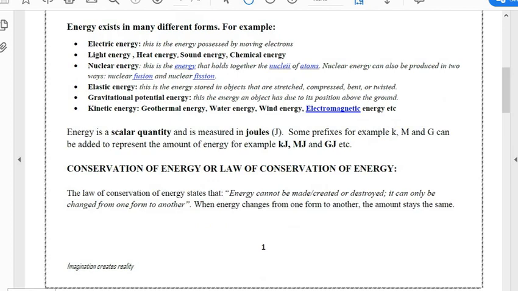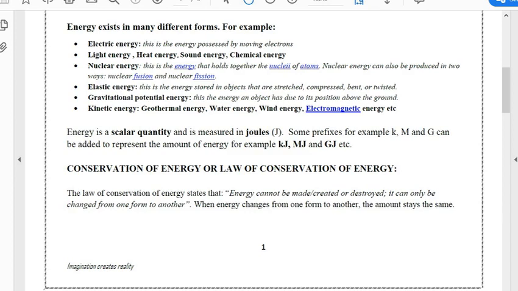Having indicated the different forms in which energy exists, we also know that energy is measured in joules. We also have kilojoules.